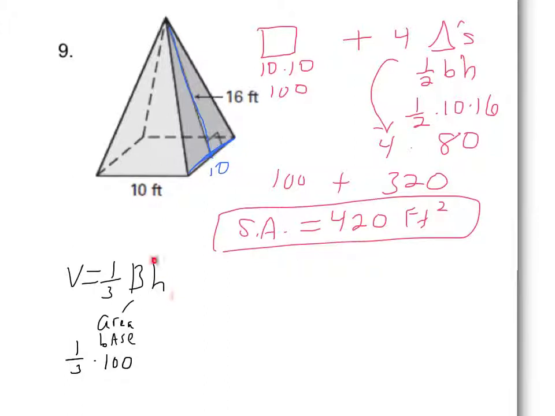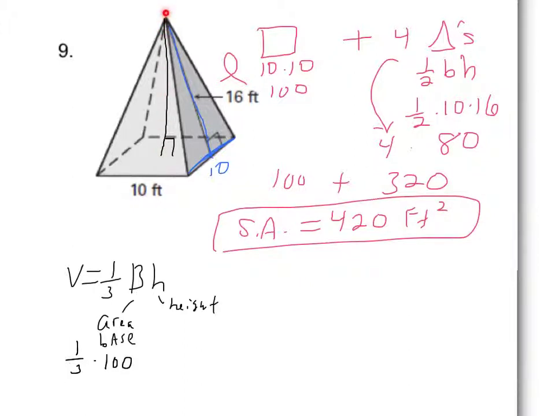Now this height h right here, that is not 16. Even though 16 is the height of the triangle, if you look at the whole pyramid, 16 is considered the slant height, which we call L. H, the height, is the line that would rise from the center of the pyramid straight up to the top.